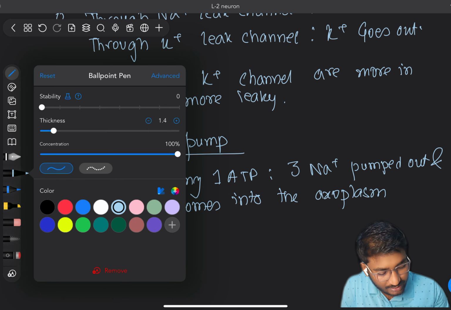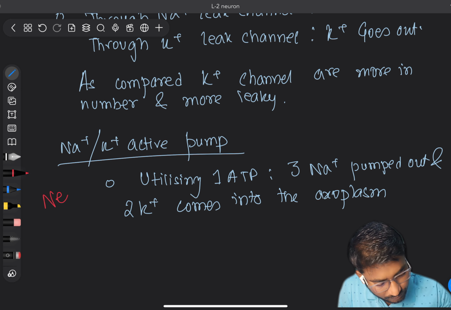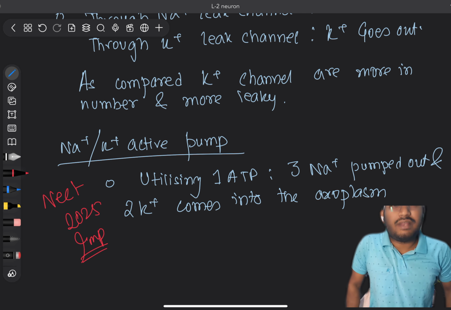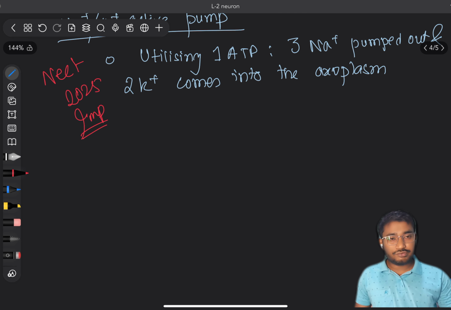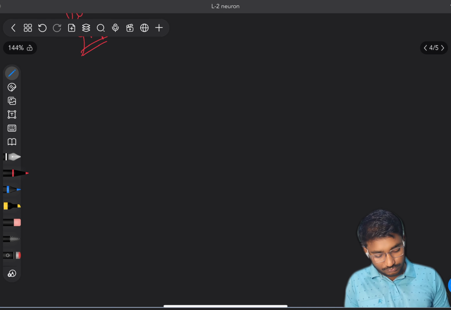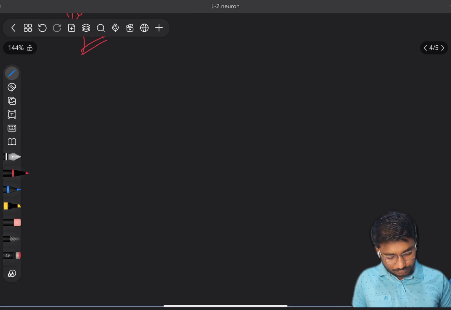This is a very, very important question for NEET 2025. I think it will come in this year's examination. 3 sodium are pumped out while the 2 potassium come in.